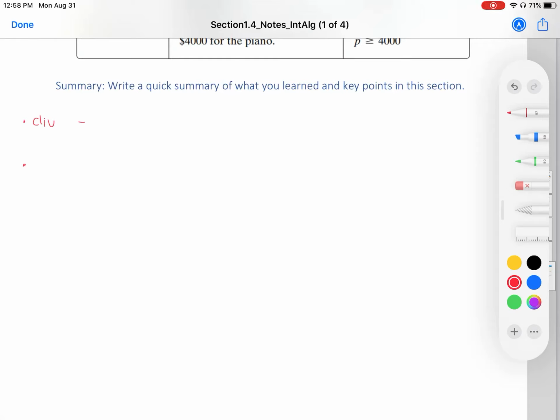I would talk about open versus closed intervals. And anything you find helpful to list. I just think it's nice to have those at the end so in case you have questions, you can see if there's something you covered in this section.